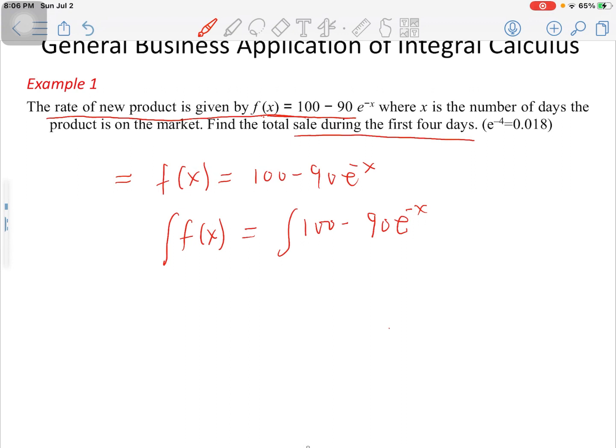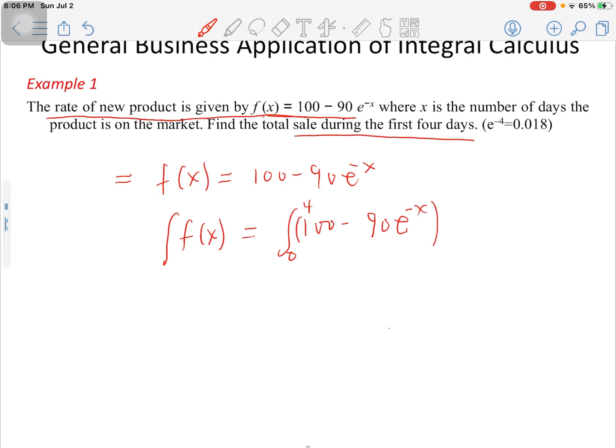But remember that we have a limit being given, from day 1, or let's say start from day 0, because day 0 is not affecting. We want to accumulate from 1, 2, 3, and 4. So therefore 0 to 4 will be our limit.